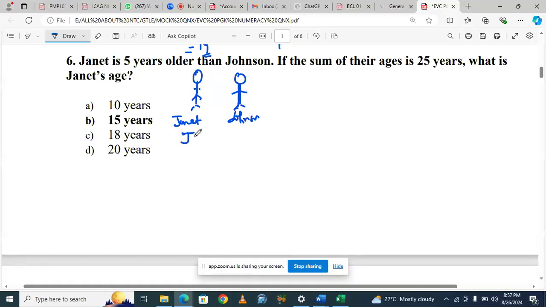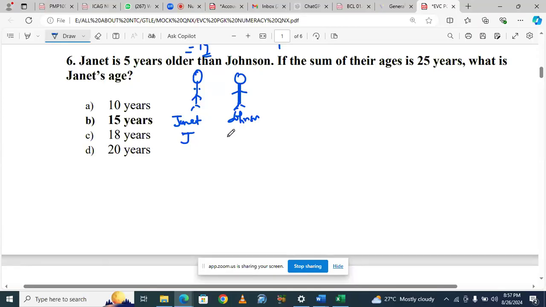Janet is supposed to be 5 years older than Johnson. So Janet is older than Johnson. Janet is equal to 5 plus Johnson.